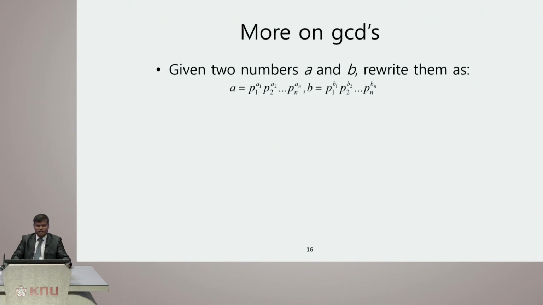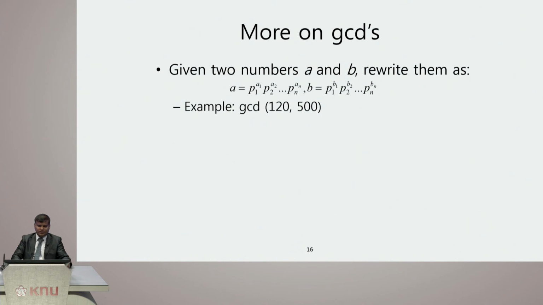Let's see more on GCD. This is a simple theorem that has been developed to understand the relationship between two numbers a and b. We can write a equals p1 power a1, p2 power a2, till pn power an, and b equals p1 power b1, p2 power b2, till pn power bn.